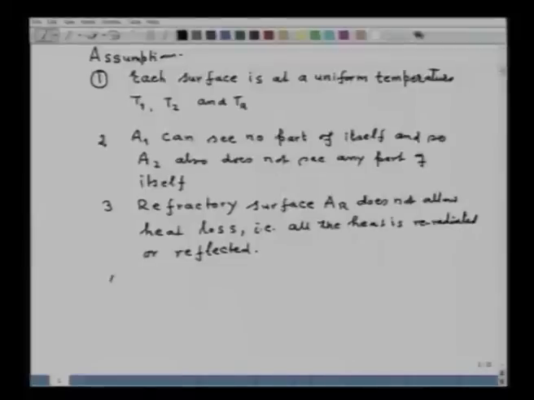Fourth assumption at the moment is A1 and A2 are black surfaces.